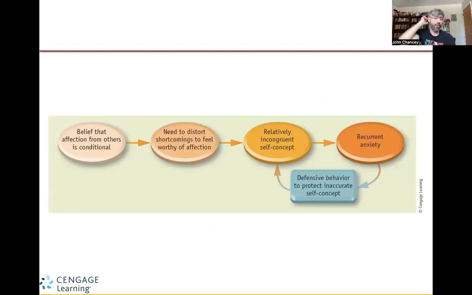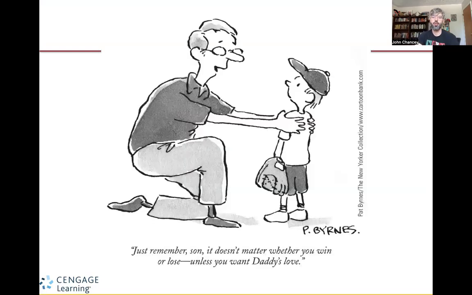So you might have an experience, a belief that your affection from others is conditional, which leads you to distort shortcomings to feel worthy of affection, leading to a relatively incongruent self-concept, leading to more anxiety, which leads to defensive behavior. So there's the cyclical nature of how incongruency can feed into itself, into anxiety, etc.